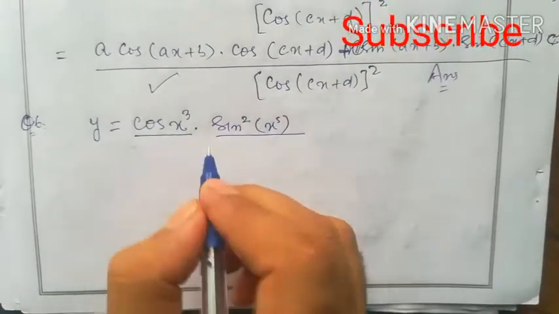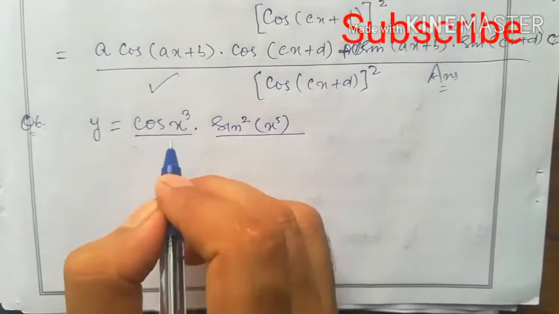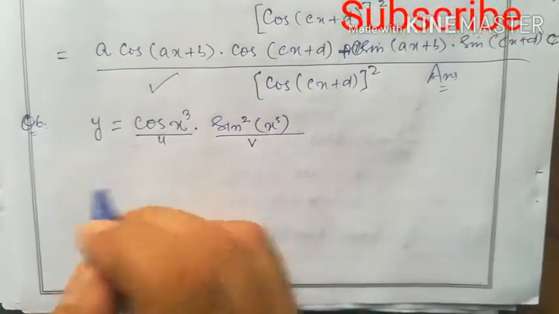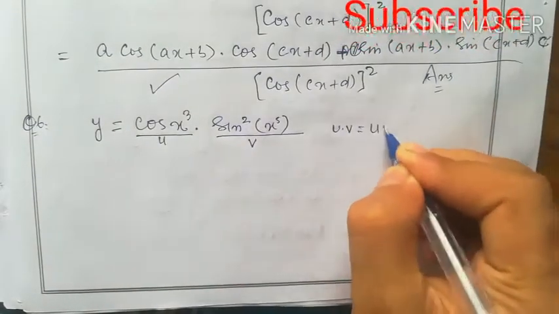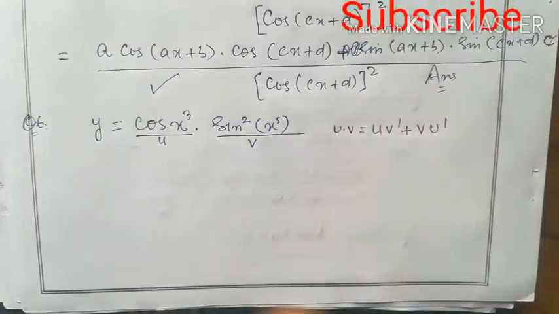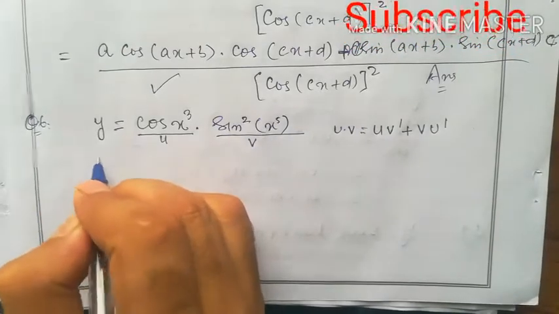So this is the product of two functions, two composite functions, we can say. Here this is u, this is v. If you know the formula, u into v is first into differentiation of second plus second into differentiation of first. This is our formula. So nothing more to do here, we do the same.